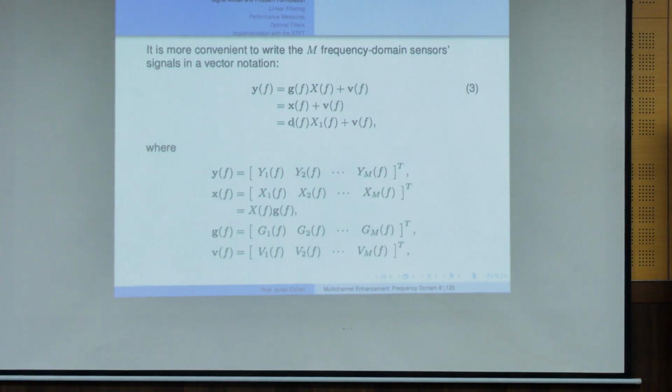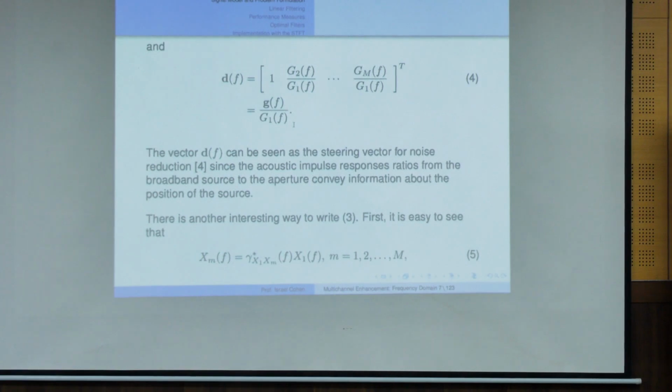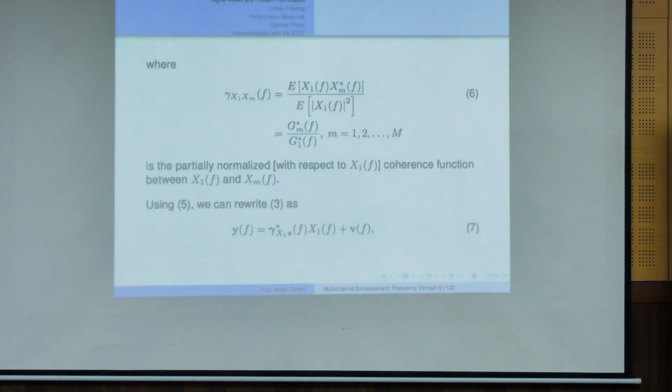And this relative transfer function equals the correlation, gamma, the joint complex conjugate between x1 and the vector x. I have it here. This is an element here. See?